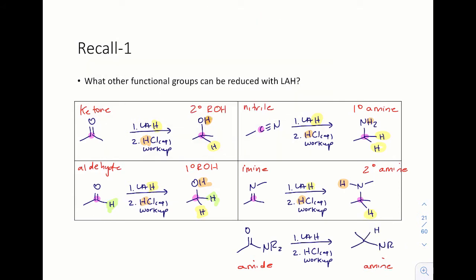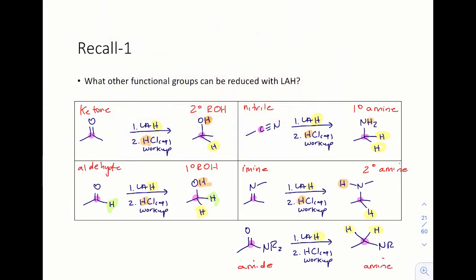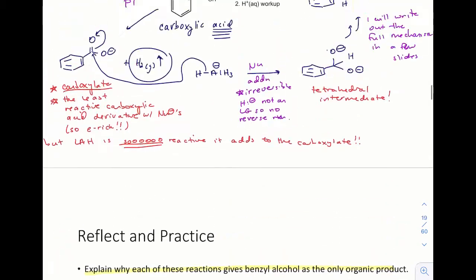Ultimately, 2 equivalents of hydride from LAH do add to the carbonyl carbon. Oxygen actually leaves in that process, just like we saw for the carboxylate. And so after oxygen leaves, we have this iminium, which of course is reduced again with hydride to generate the final amine. Awesome, well let's add this last transformation to our carbonyl grid.